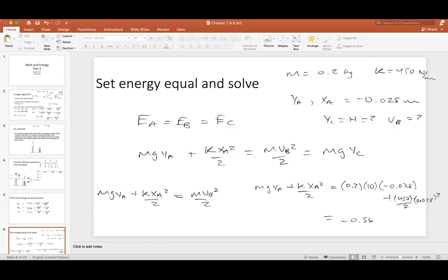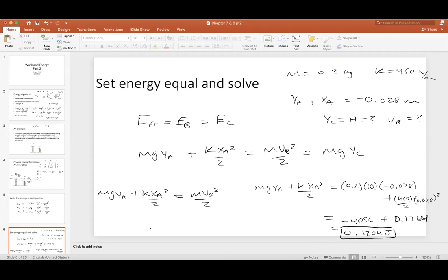This is 0.056, and this is plus 0.1764. Okay. These are joules. Both of them are joules. This ends up being 0.1204 joules. That is the energy at any time.